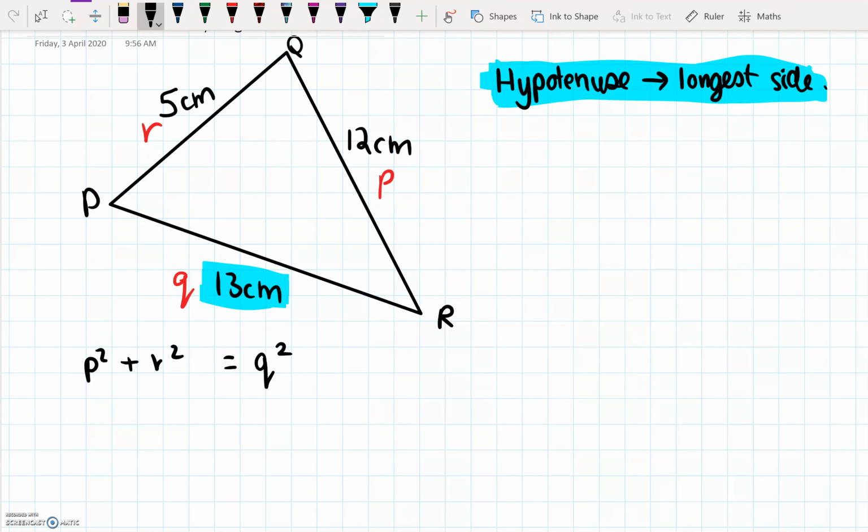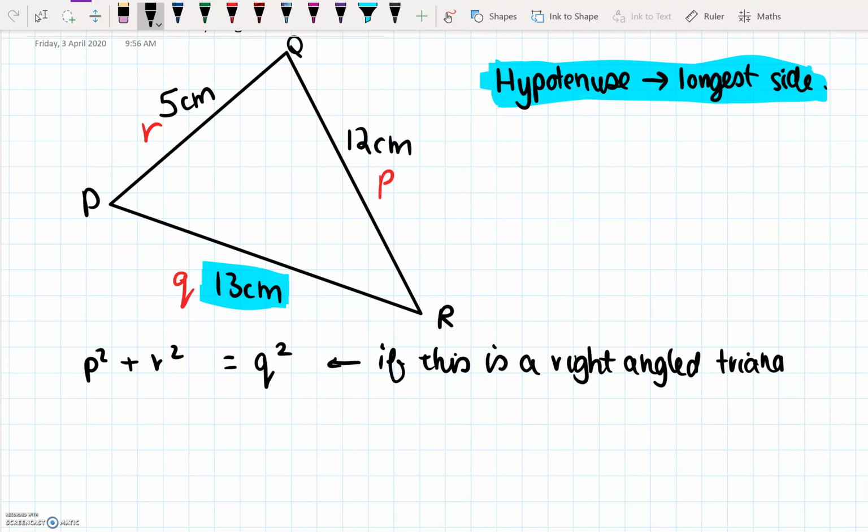If this is a right-angled triangle, this will be true, and we can now test this using our numbers.